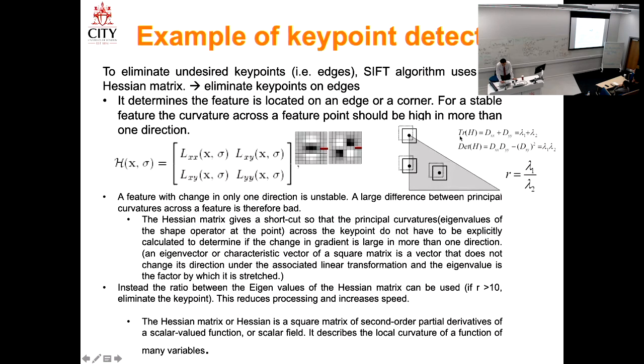Then you calculate the trace and determinant of the matrix, you find the lambda values and you calculate r. I don't want to go into details, don't worry about details. Generally, the idea is if r is greater than a number, then you say this is probably not on a corner. So what it does is it's saying if you see some pattern like this, you're probably looking at an important point. If this is producing a good result, this means you're on a corner, right?